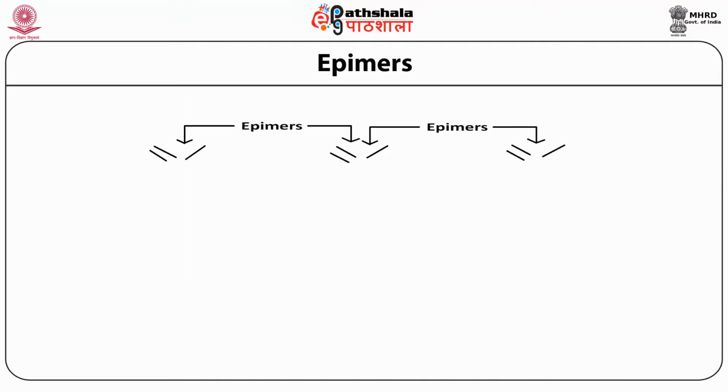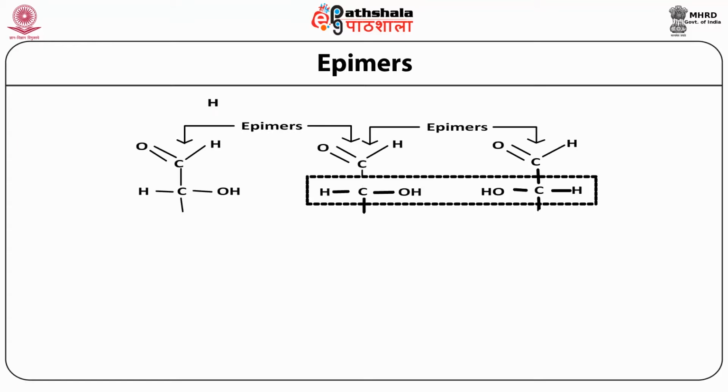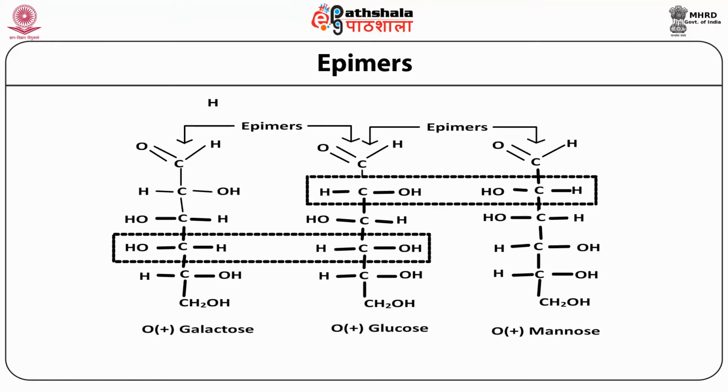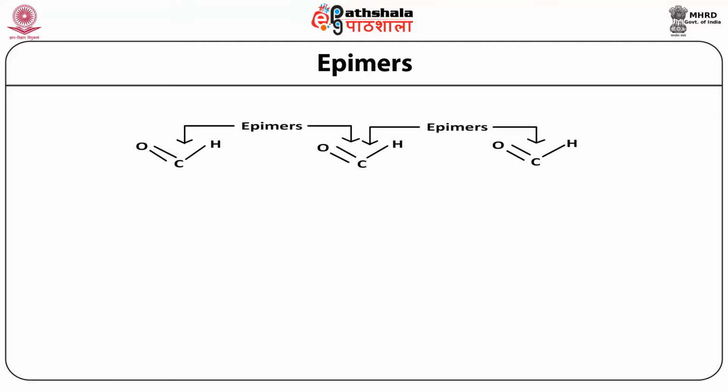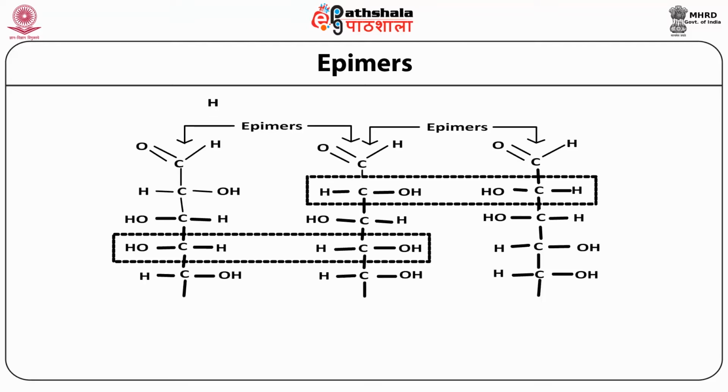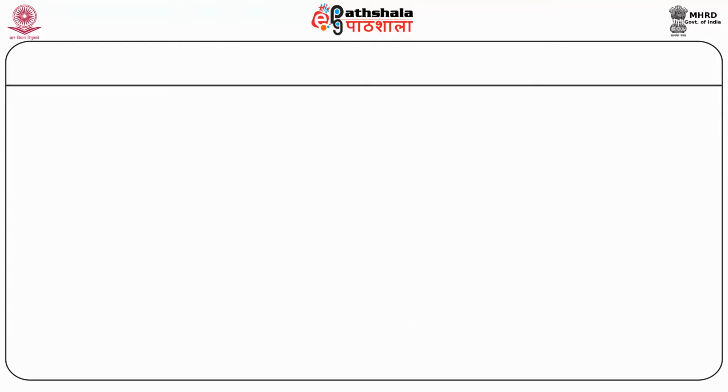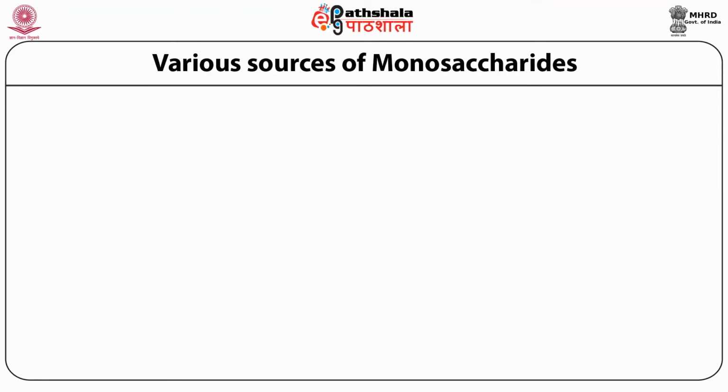As discussed above, the basic classification of monosaccharides according to the number of carbon atoms present shall be discussed further in detail in the next chapter. Well, students, let's talk about the sources of monosaccharides, from where we can get monosaccharides or where they are present.